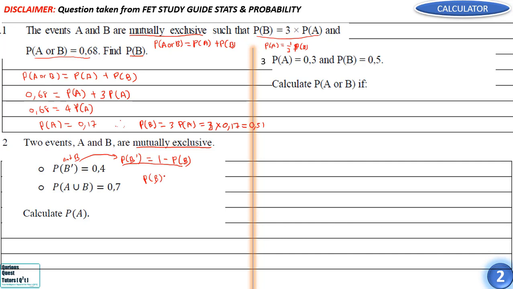The probability of B is 1 minus the probability of not B, because that is certainly what you would need in this equation.